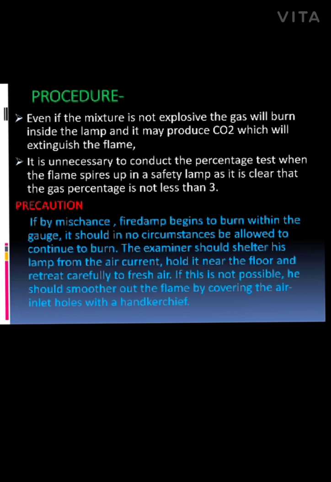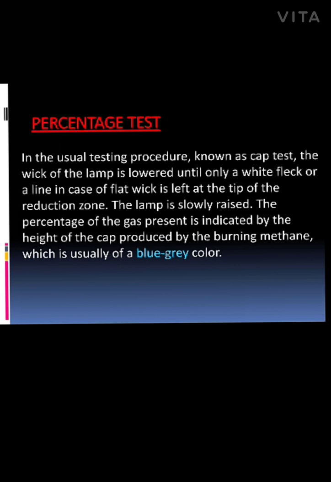If this is not possible, then the examiner should smother out the flame by covering the air inlet holes with a handkerchief. So this is all about the accumulation test.